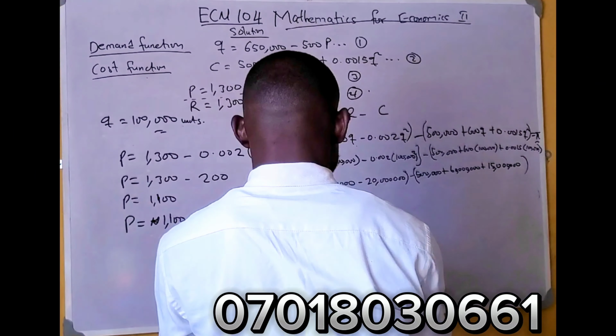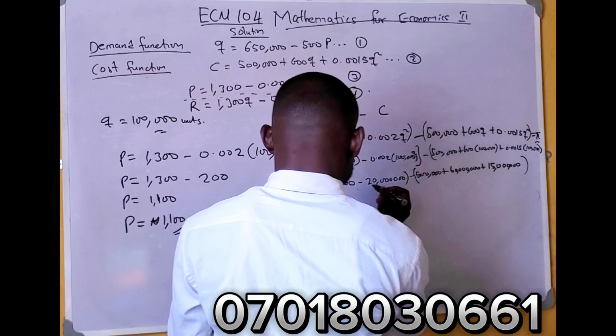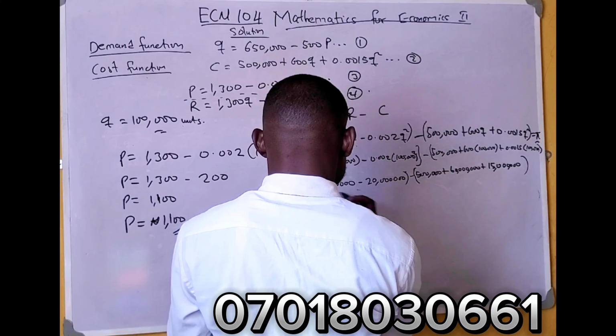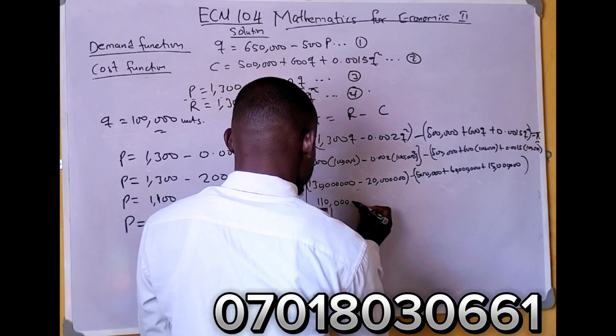So what we have to do is add everything here, and add everything there. What do we get? This will give us 20 million minus 130 million. This will give us 110 million.